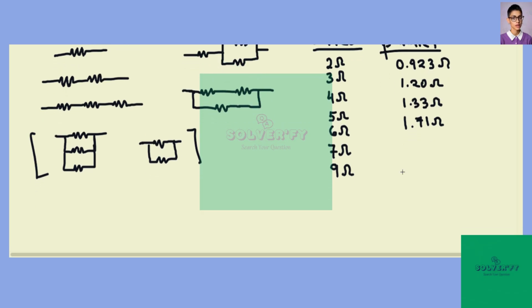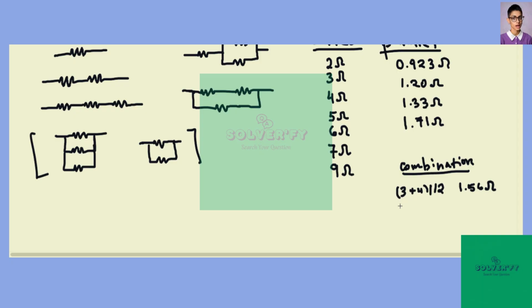And so now if we look at these combination circuits, if we look at this case first, where we have 2 in series and then parallel to the third, with 3 and 4 in series in parallel with 2, what we'll get is an equivalent resistance of 1.56 ohms.